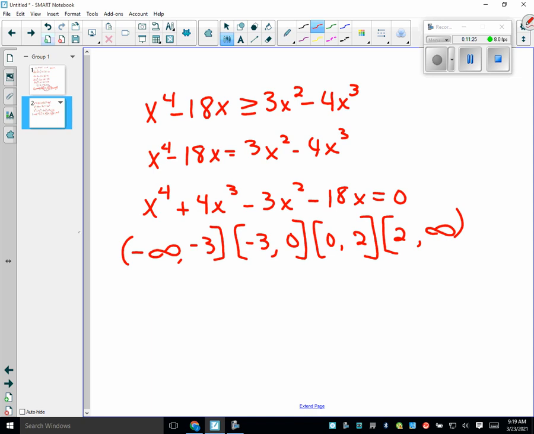I pick a number from each one, right? Guys, you all are going to need your calculator because I don't want to do all this in my head. What number are we going to pick here? Negative 4. And what do I do with that number? Plug it in both sides. Correct.